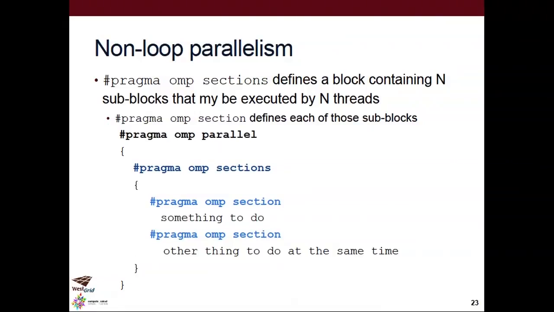But sometimes you have hard-to-parallelize code that doesn't fit the OMP for or OMP do construct. For example, you have a while loop, which doesn't have that nice feature of knowing how many times you have to iterate and so on.